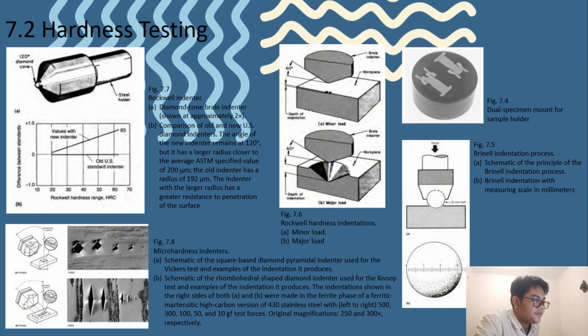In Figure 7.4, we have a dual specimen mount for the sample holder. Hardness testing is perhaps the simplest and least expensive method of mechanically characterizing a material because it does not require elaborate specimen preparation, involves rather inexpensive testing equipment, and is relatively quick.